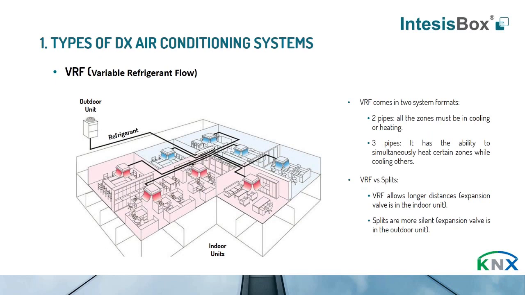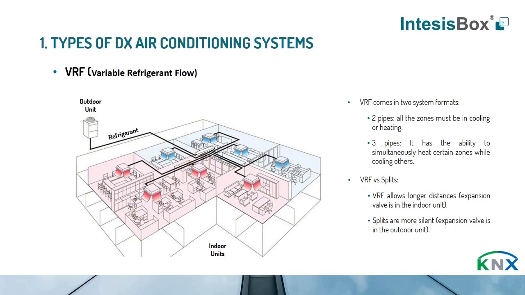So the VRF comes in two formats: 2-pipe and 3-pipe systems. The biggest benefit of using 3 pipes is the ability to simultaneously heat certain zones while cooling others.